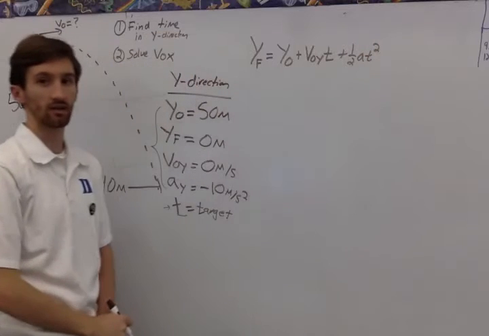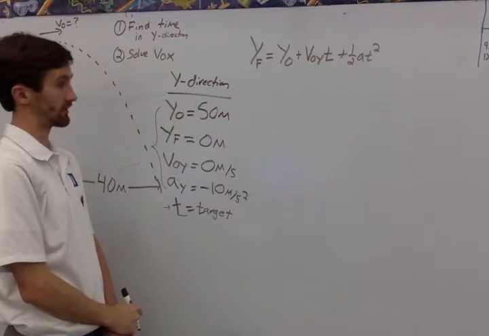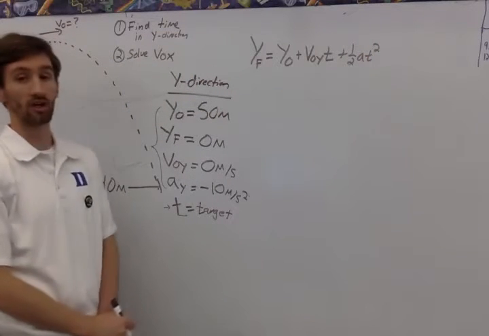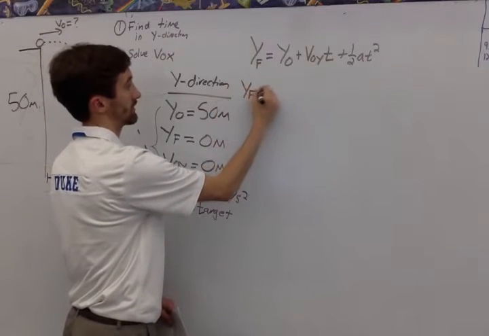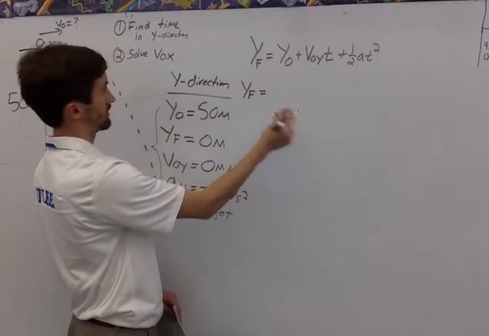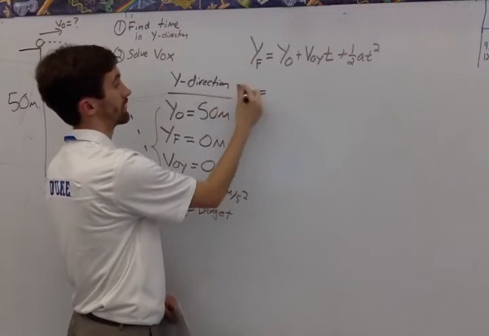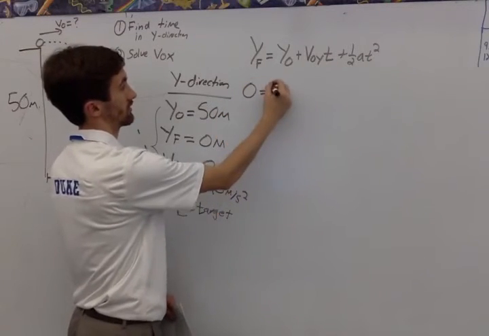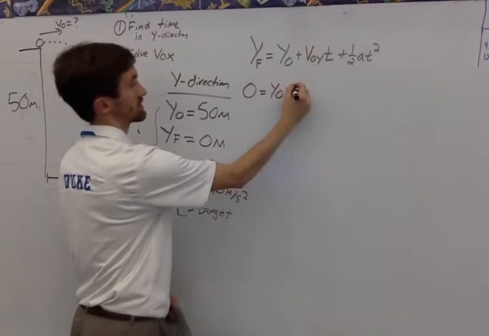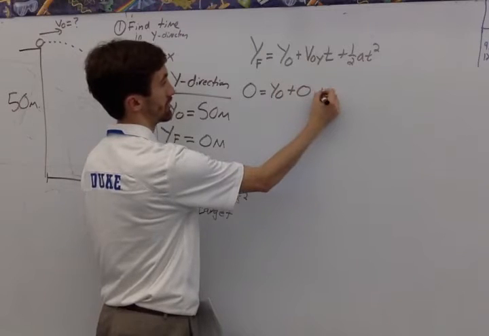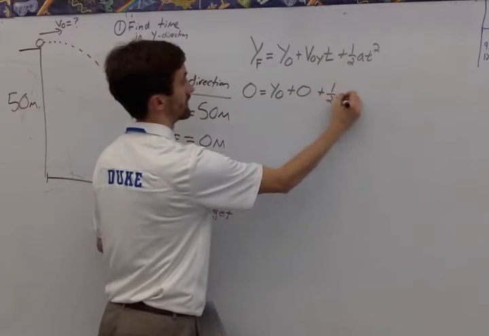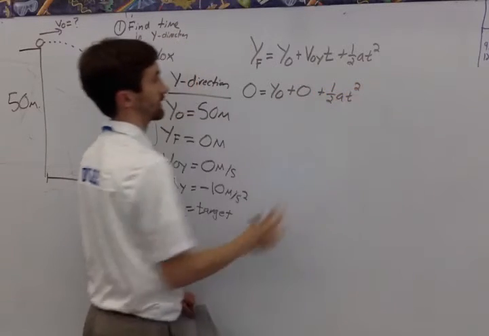So this is our second equation from our equation sheet. And we're going to plug in all the things we know that are 0. So our final position is 0. Final position is 0 equals initial position plus initial velocity, which is 0, plus 1/2 a t squared.